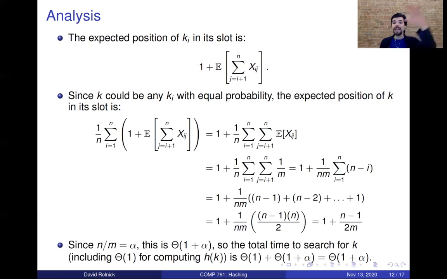One where you have many more things you're trying to hash than slots, where n is much bigger than m, and also the situation where m is much bigger than n. If m is bigger than n, then you have more slots than things you need to put in them, and then you're great. But you could also have n much bigger than m, where you have more things than slots. And then this is telling you that it's theta of alpha, which is the load factor.